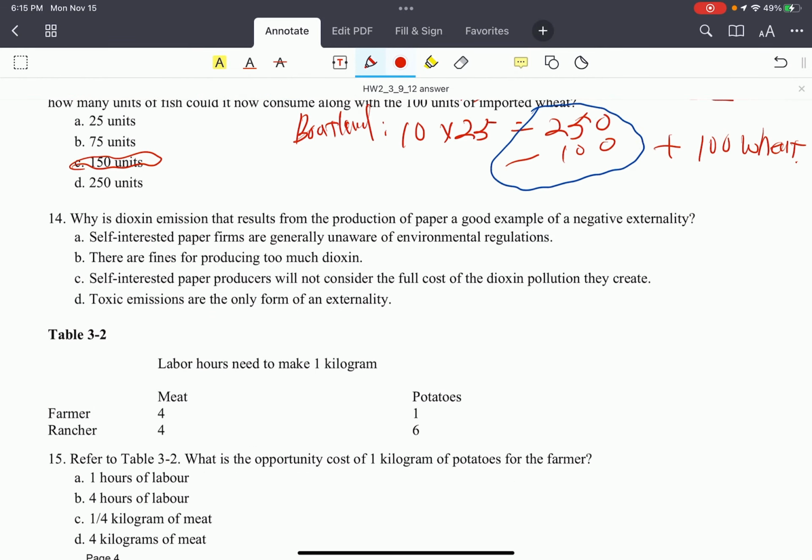Okay, 14. Why is dioxin emission that results from the production of paper a good example of negative externality? So this problem is pretty similar to the lecture note problem about pollution, right?